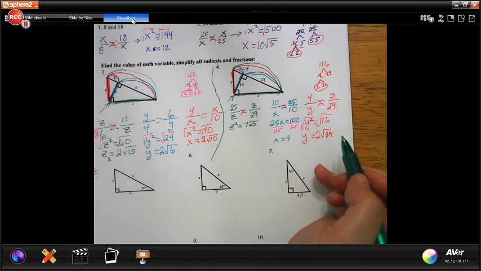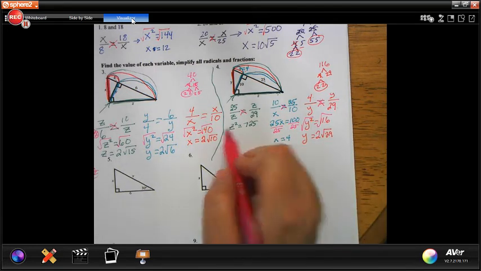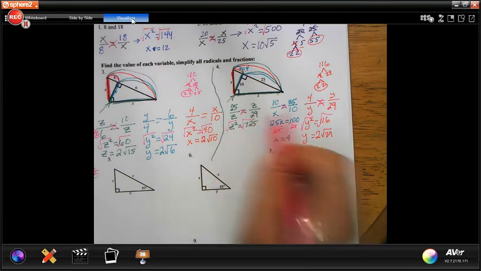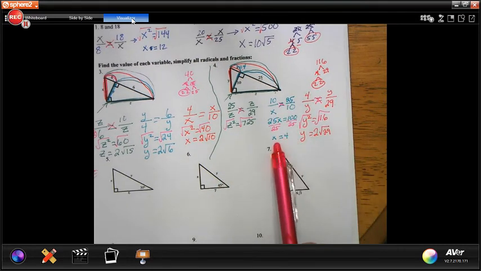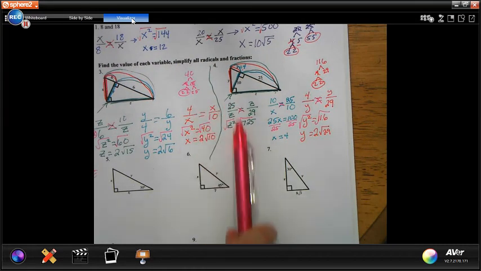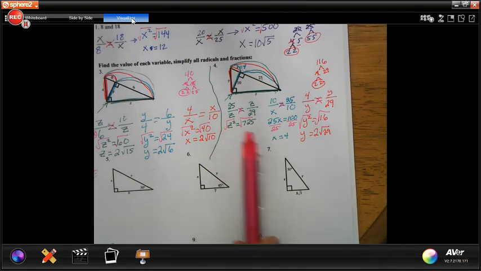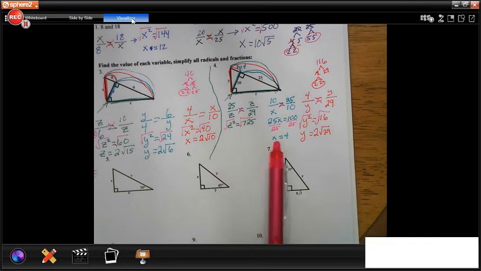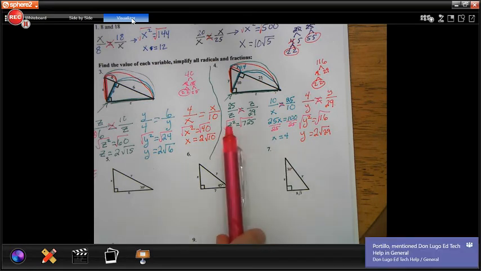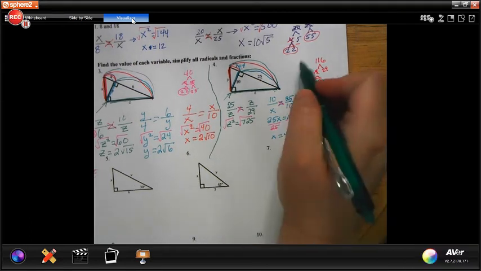Well, that's a big number, and I know I have to do the square root to get just z. I didn't have to do the square root here because it wasn't x squared. I do have to do the square root here because it's z squared. So you want to know there's a difference. This is when not to do the square root. This is when you do the square root. So 725.